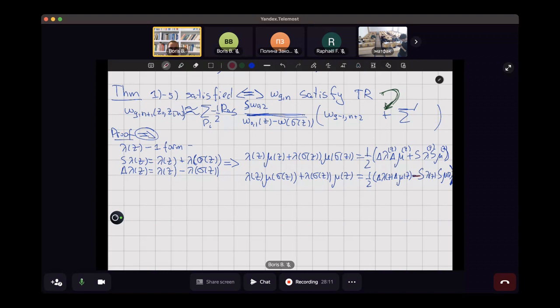And let me say the following, that because of the symmetry of omega g n, and because of the form of this expression, in fact, we can define operators in each variable.